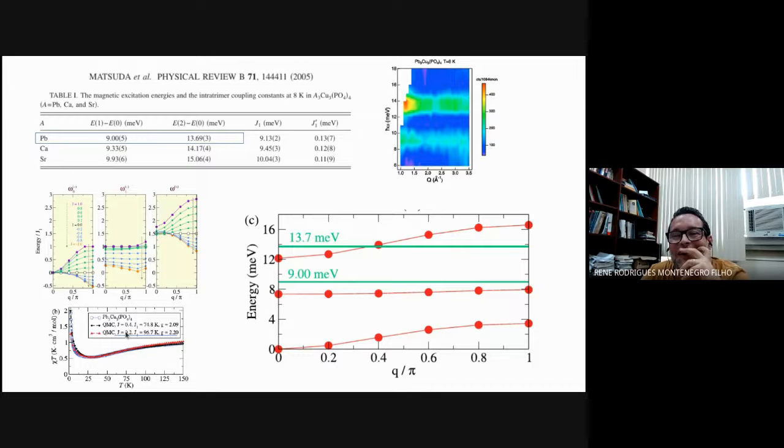So anyway, if we are in a given range of temperatures and we use the correct value of J, the fitting of the experimental results is okay.